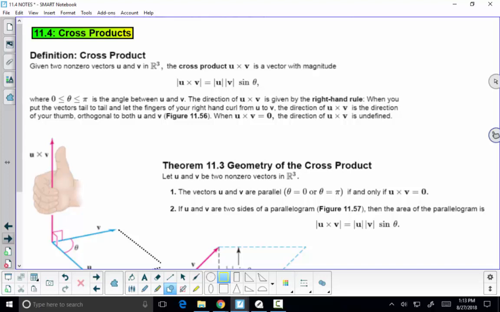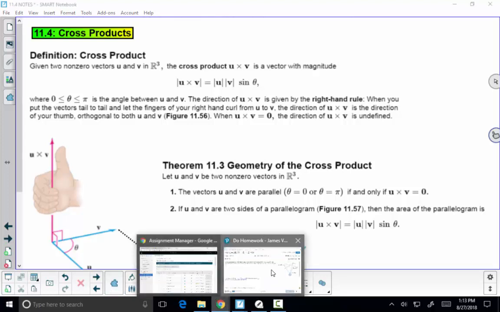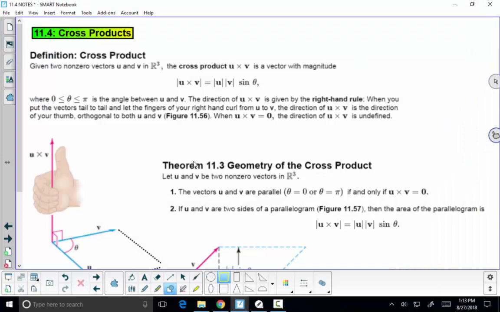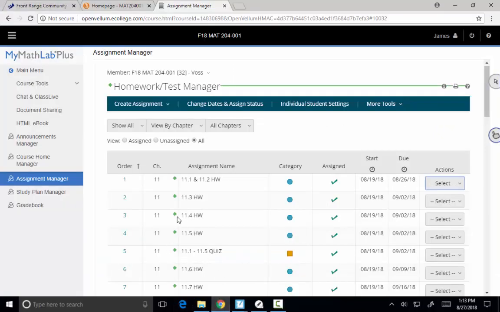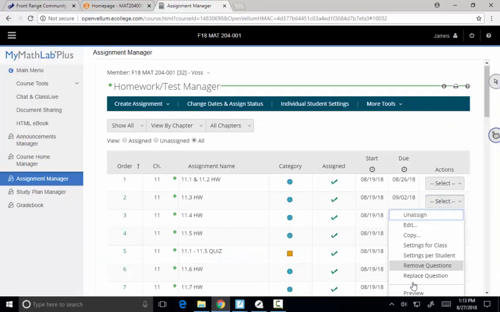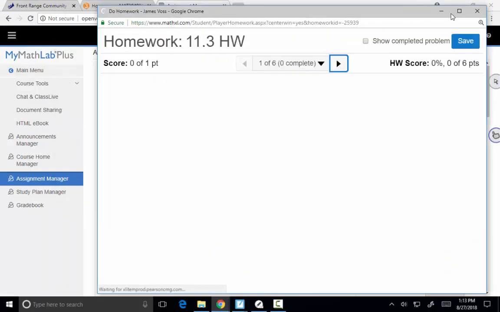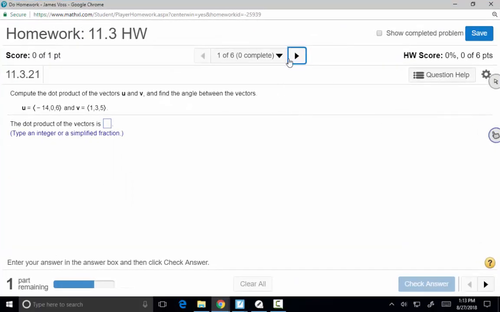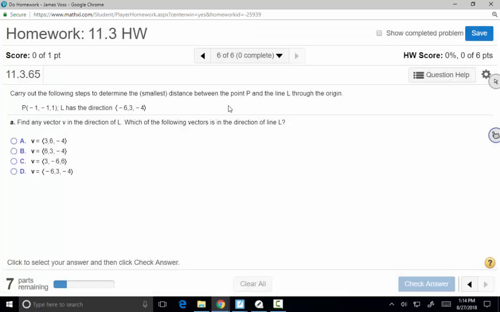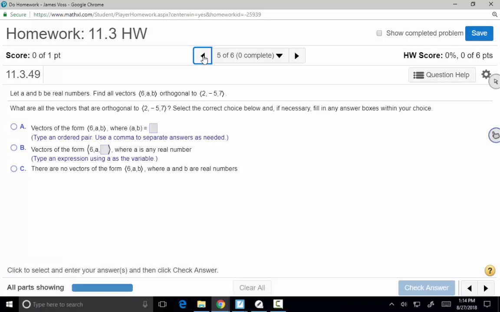Let me just glance real quick at 11.3 and make sure, maybe we should at least mention navigation. Oh no, it was only 6 questions. This didn't have the navigation. This was all the projection.